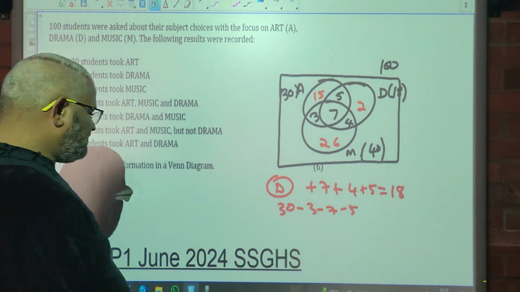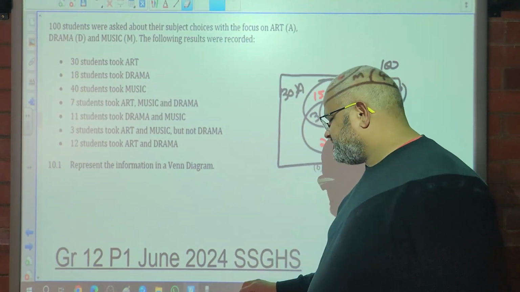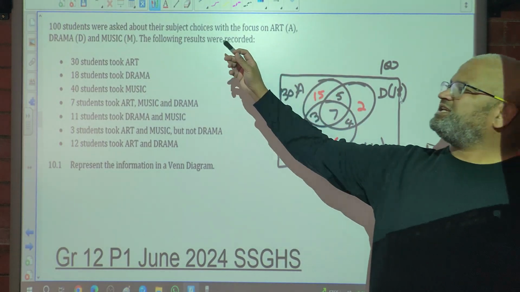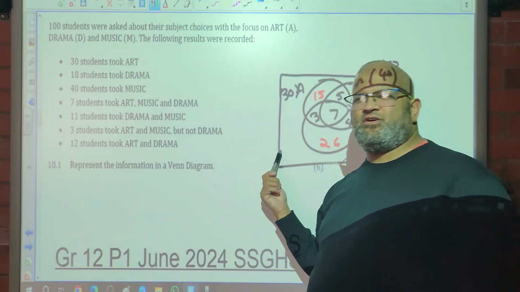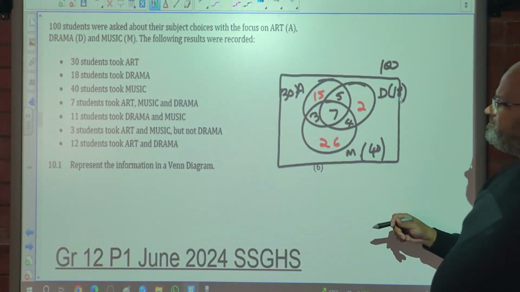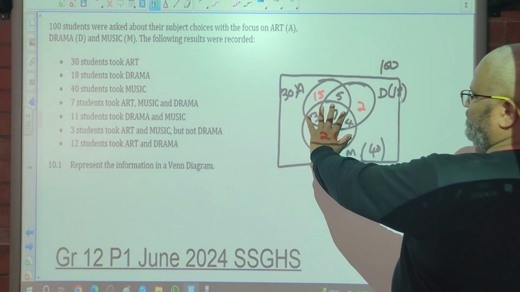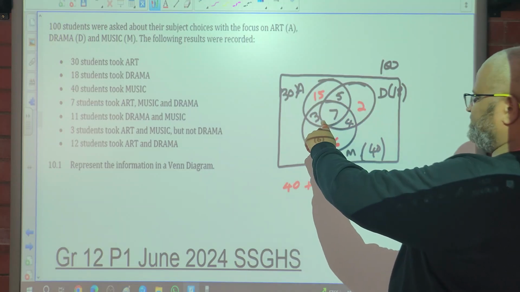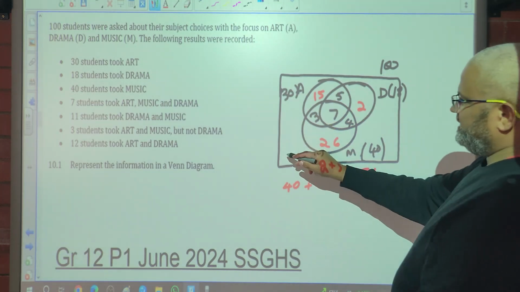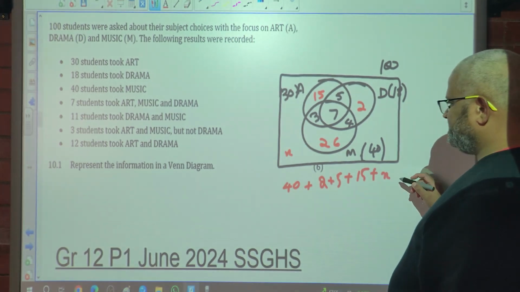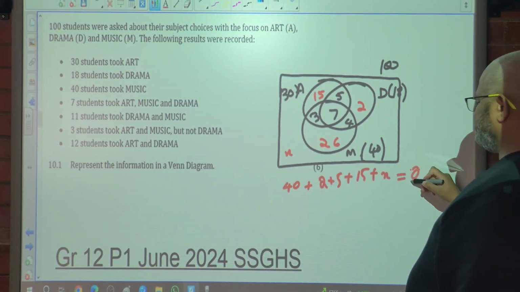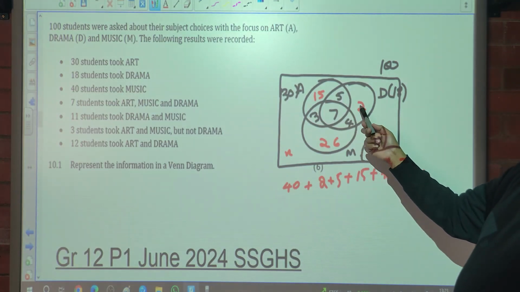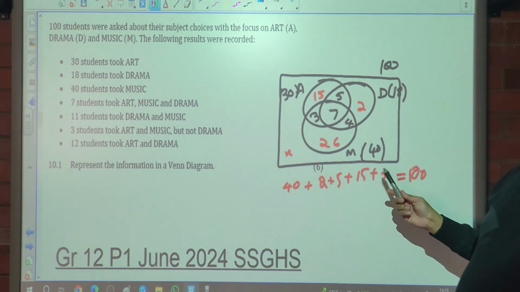Then of course there are going to be learners who don't partake in any of these focus subjects in question, because they didn't say here that all these learners take part in at least one of these. So you could say 26 plus 4 plus 7 plus 3 plus 15 plus 5 plus 2 plus x is equal to 100, where x is the learners who do none of it.